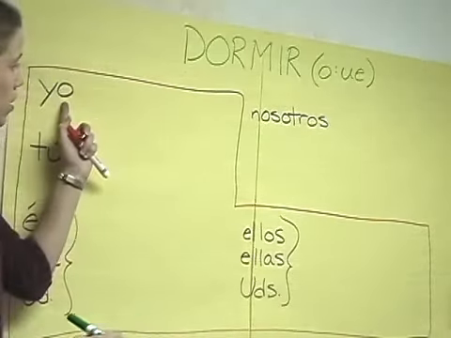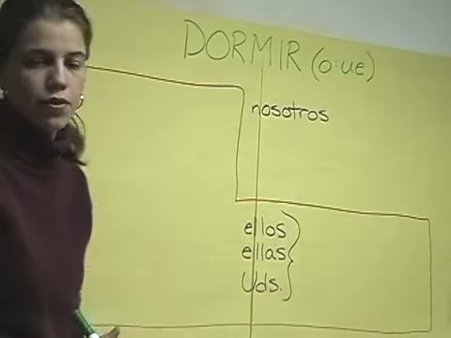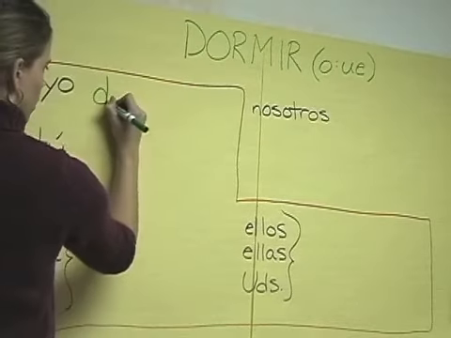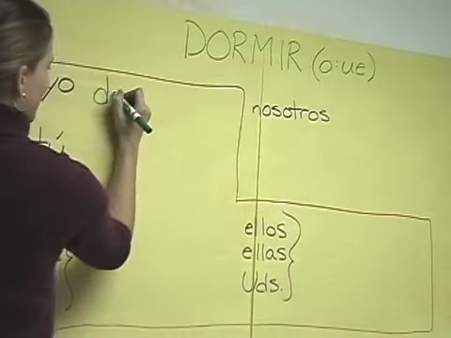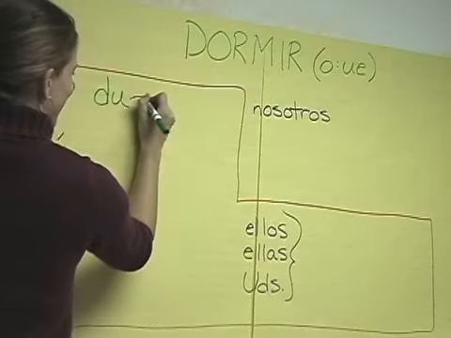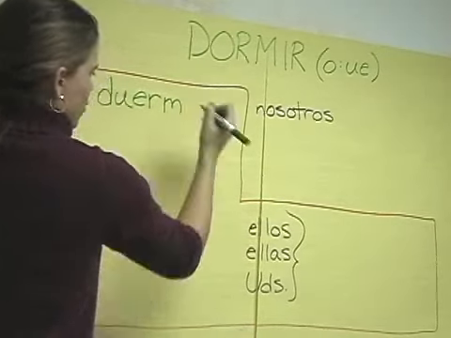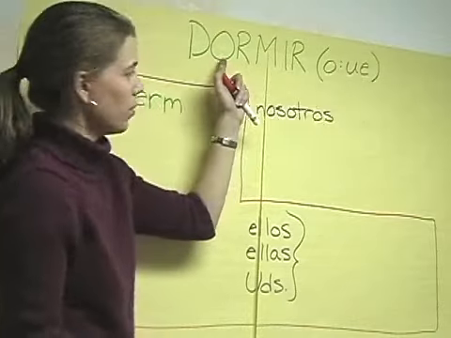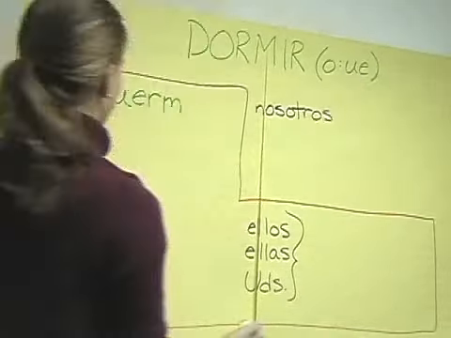Now, since yo is inside of our shoe, what do we write down for the stem? D-U-E, and the M. That's right. When you have an O to UE stem changer, you don't include the O. The O changes to UE. That's right.